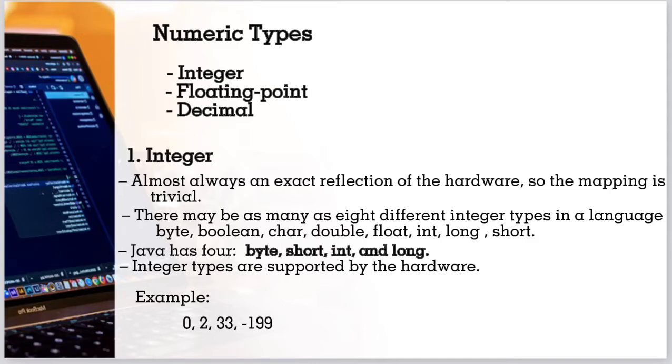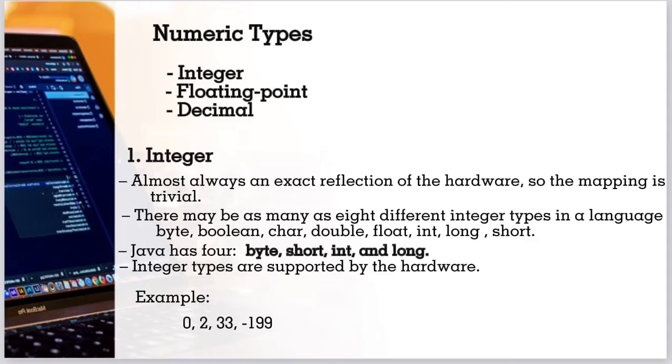Every data type has a range of values. The compiler allocates memory space for each variable or constant according to its data type. The numerical types are integer, floating point, and decimal. Integer is almost always an exact reflection of the hardware, so the mapping is trivial.